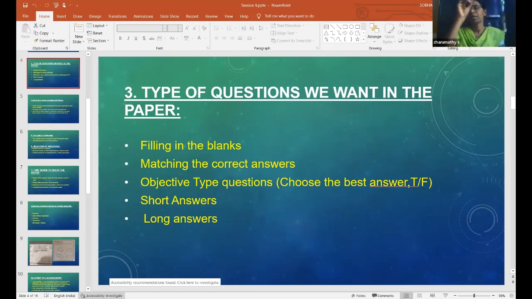Simply don't ask, find the LCM of this, find the sum of this, subtract this from this, divide this from this. All direct questions, please don't put. Let it be a mixture of questions so that children also find it interesting to answer. That is very important. The interesting part only makes the child at least give an attempt to that type of questions.